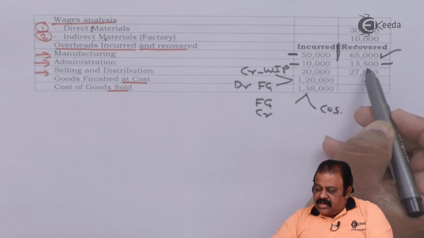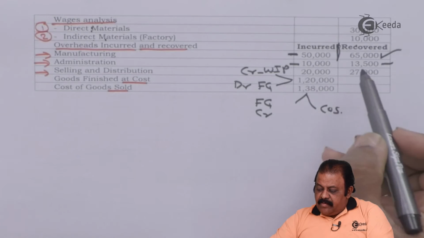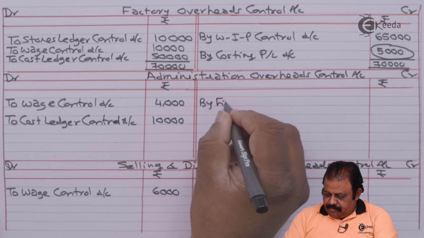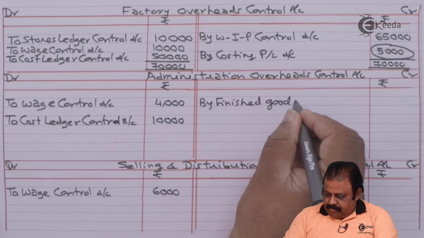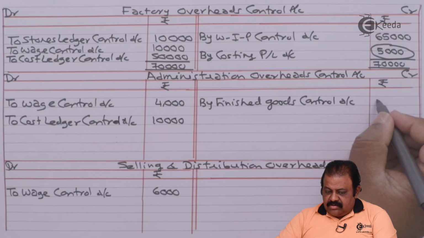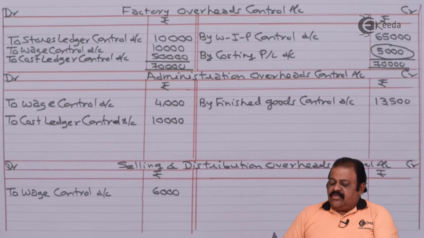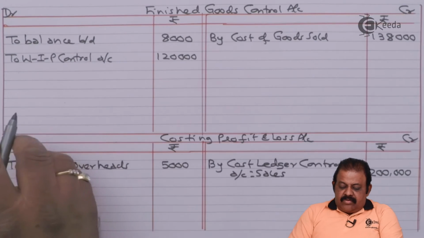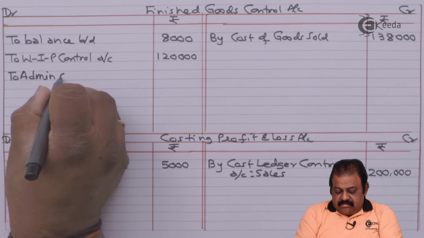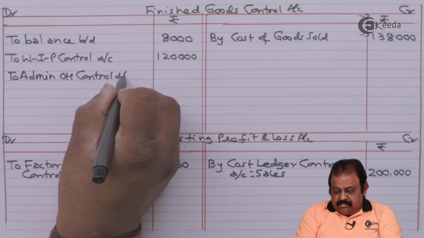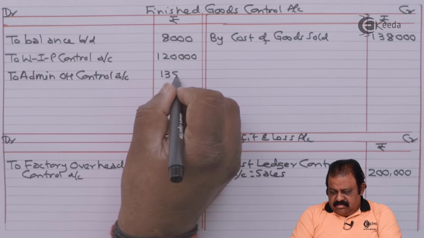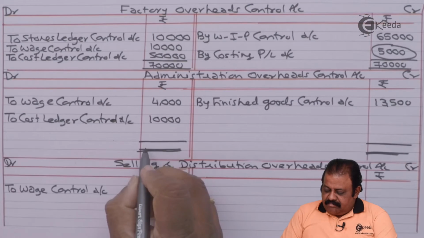Administration overheads recovered 13,500. This will be credited to administration overheads control account, by finished goods control account 13,500. Finished goods control account debit side, to administration overheads control account 13,500.